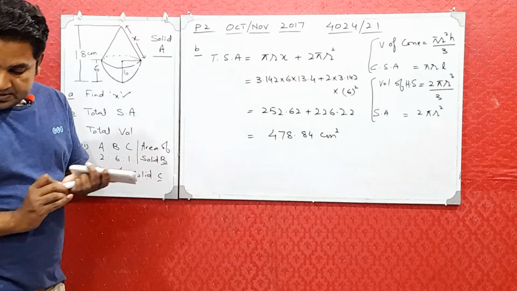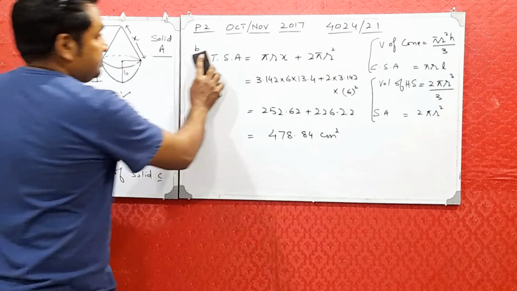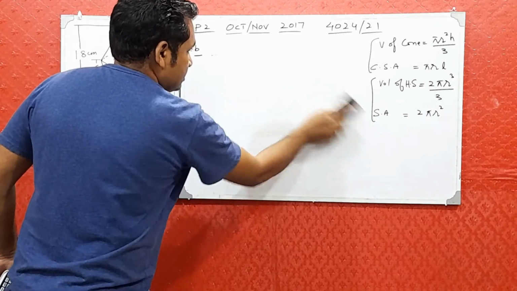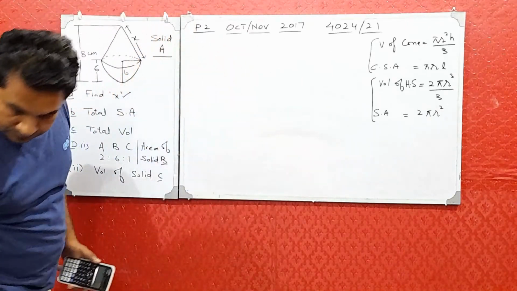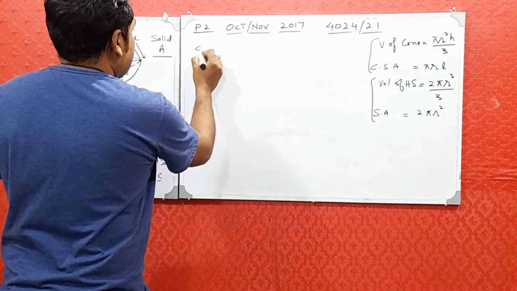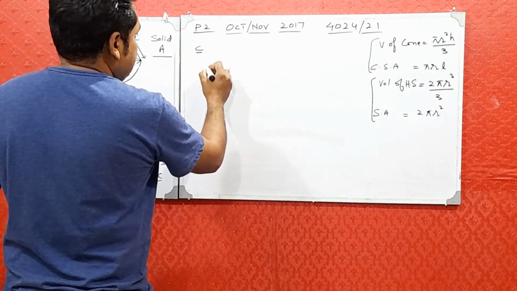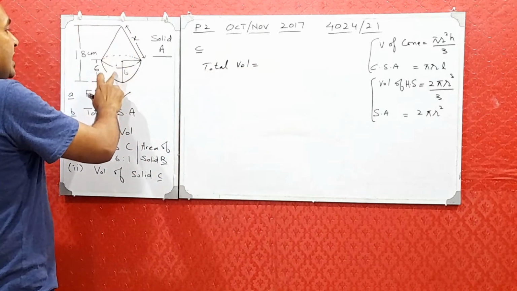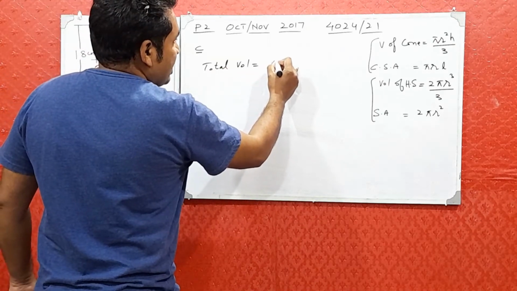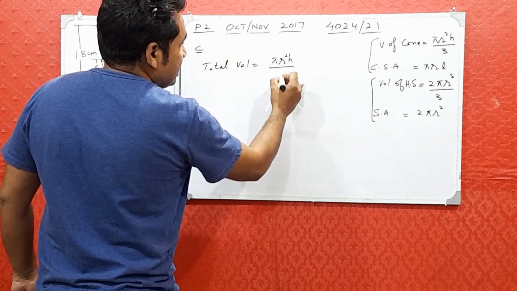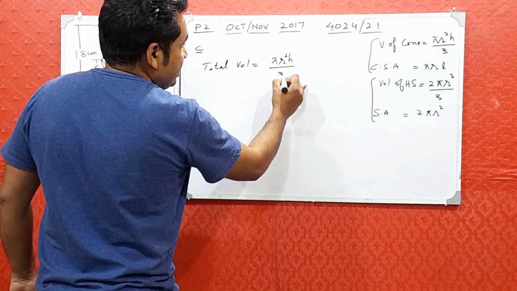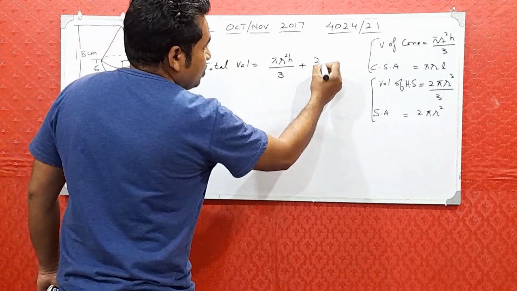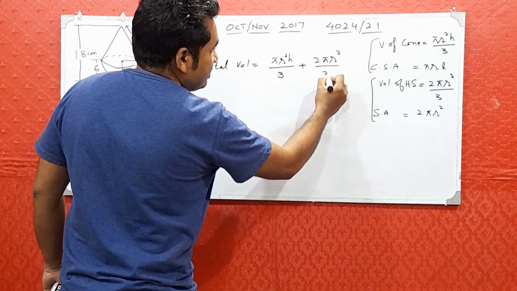Now part number C is total volume. So total volume will be equal to, this is a cone and a hemisphere, so the volume of the cone is pi r squared h over 3, plus the volume of the hemisphere, which is 2 pi r cubed over 3.